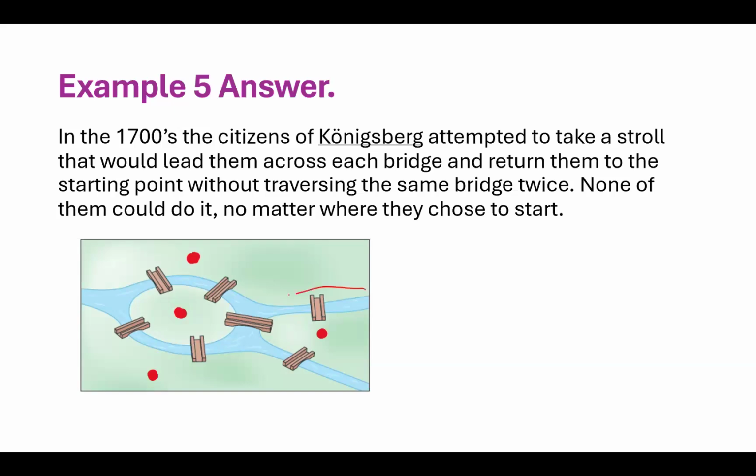All of this that is in green is represented by just that one dot. So if you want to get to that side of the city, you can go from here to here, or from here to here. These are the only ways connecting this middle land, this little island, to that side of the city.